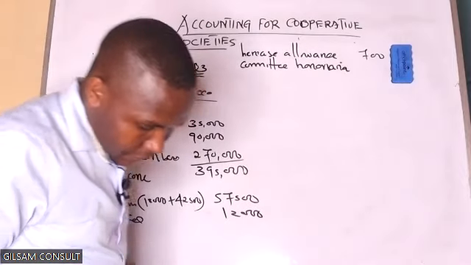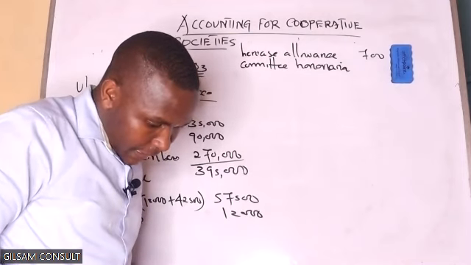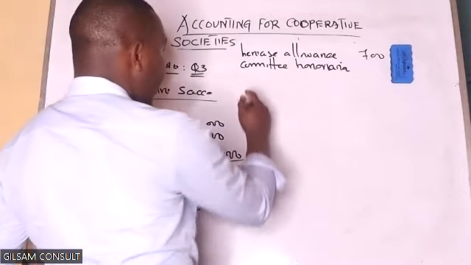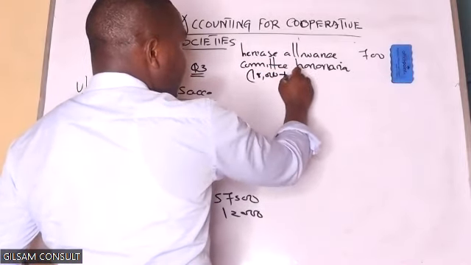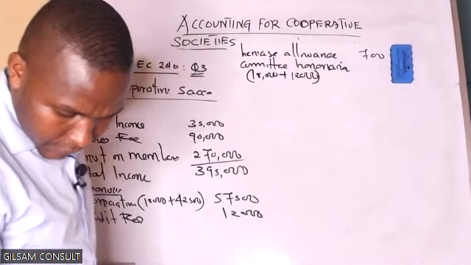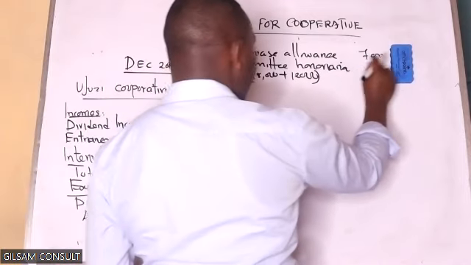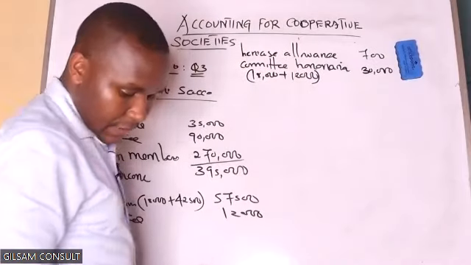We have committee honoraria on our trial balance. We can add that to committee allowance. It is the same. So you can add 18,000 plus 12,000, giving us 30,000.